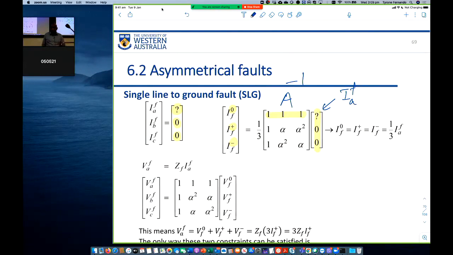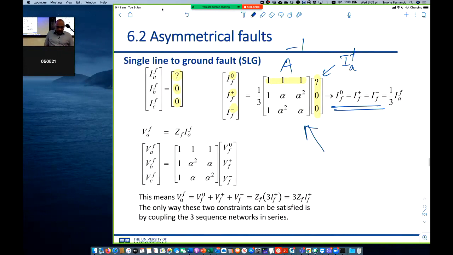I take the second row and multiply by that vector. It's the same. IF negative is the same, right? So what we see from here is that the three sequence currents are the same in this particular scenario. When there is one line connecting to ground, all the sequence currents are going to be the same. That we can see.